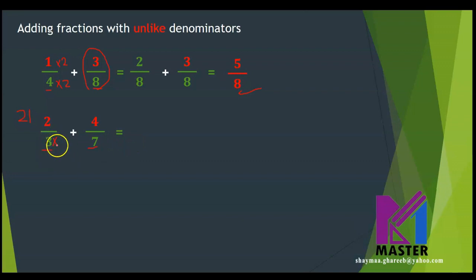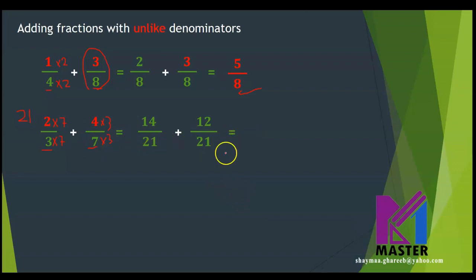So I will multiply the 3 by 7 and then up I will do the same with the 2. And for the 7 to be 21, I will multiply it by 3 up and down for the whole fraction. Now the new fractions will be 14 over 21 plus 12 over 21.